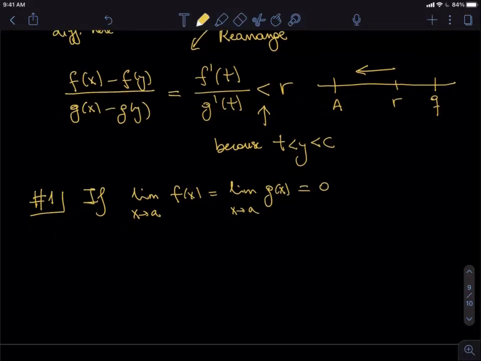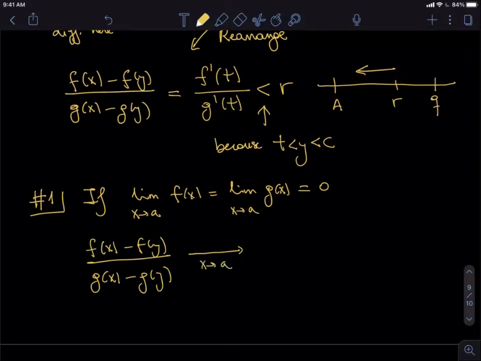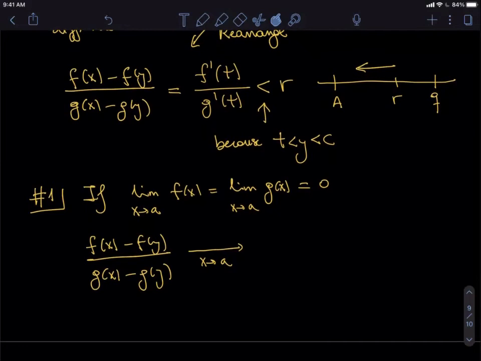Now, written like this, we have f(x) minus f(y) divided by g(x) minus g(y). The limit as x tends to a is going to be, so we have 0 here, sorry about that, 0 here and 0 here. So we get negative f(y) divided by negative g(y).